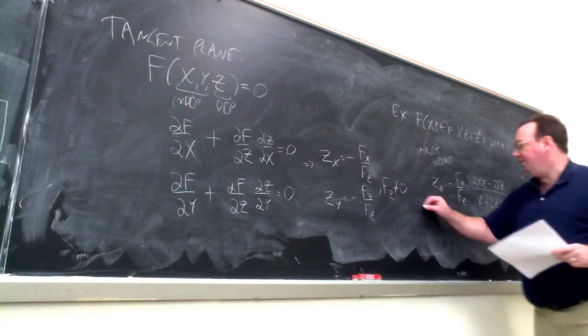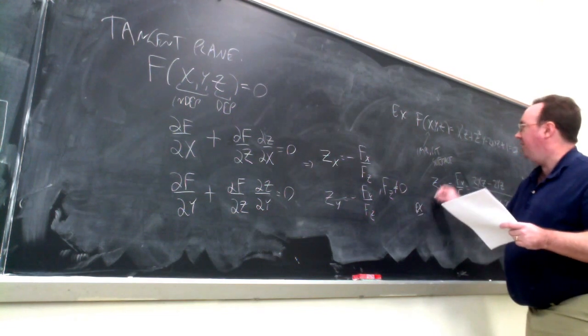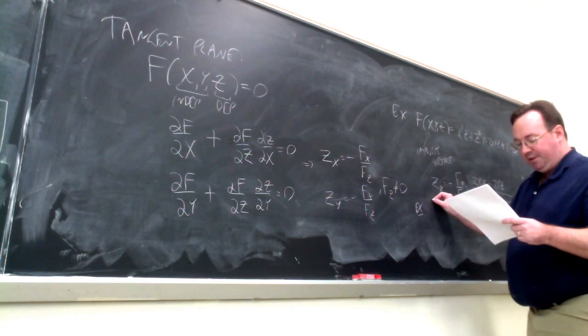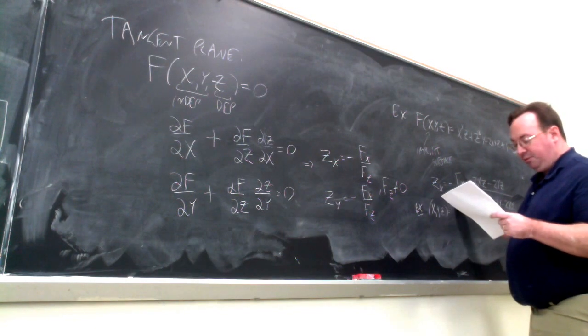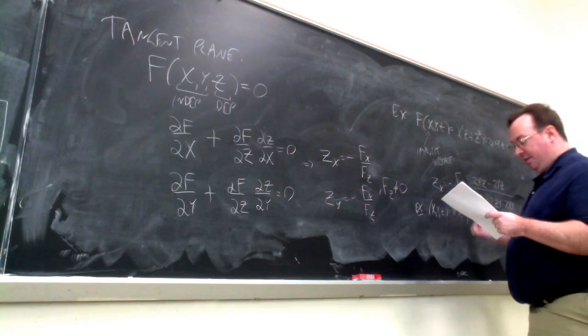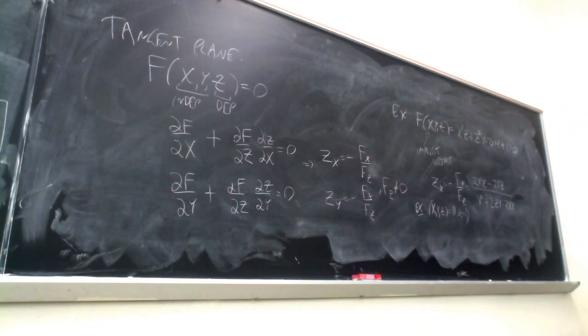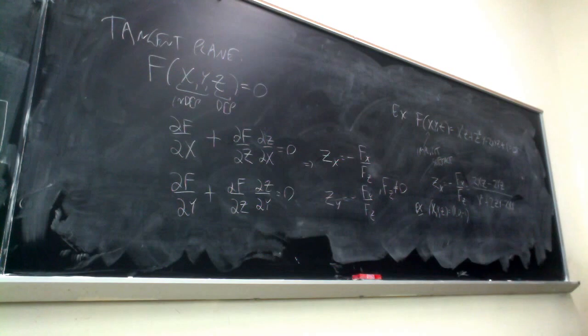So I pick a specific point. So this is a point that is on this surface. x, y, z is equal to 1, 0, minus 1. Okay. So what you can do is plug all of these coordinates into here.